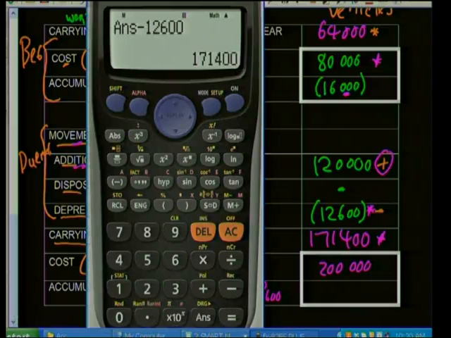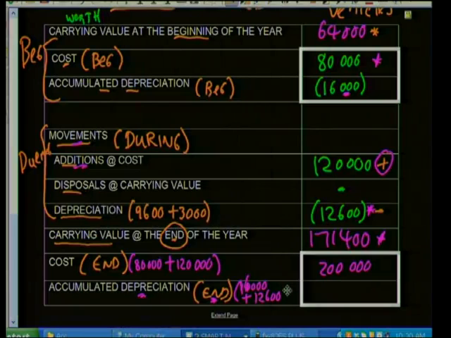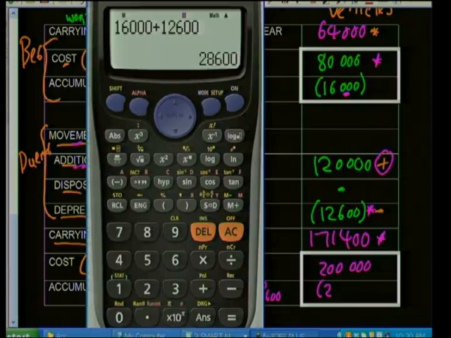So let's get our calculators out. 16,000 was my balance at the beginning. Add 12,600 to give you your balance at the end of the year, 28,600.